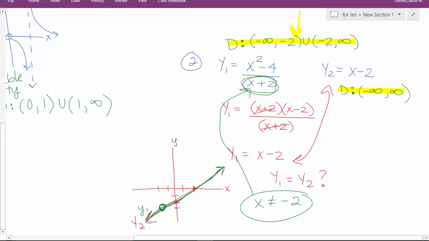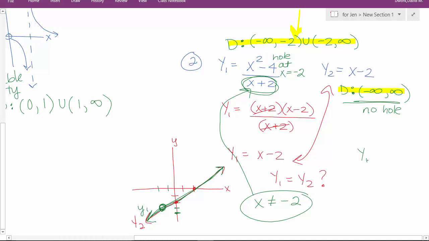And forgive me, it should be kind of down here. So I have a hole. And yet on y2, I do not have a hole. Here's no hole. And this function has a hole. Okay, so that is the removable discontinuity and what it looks like.